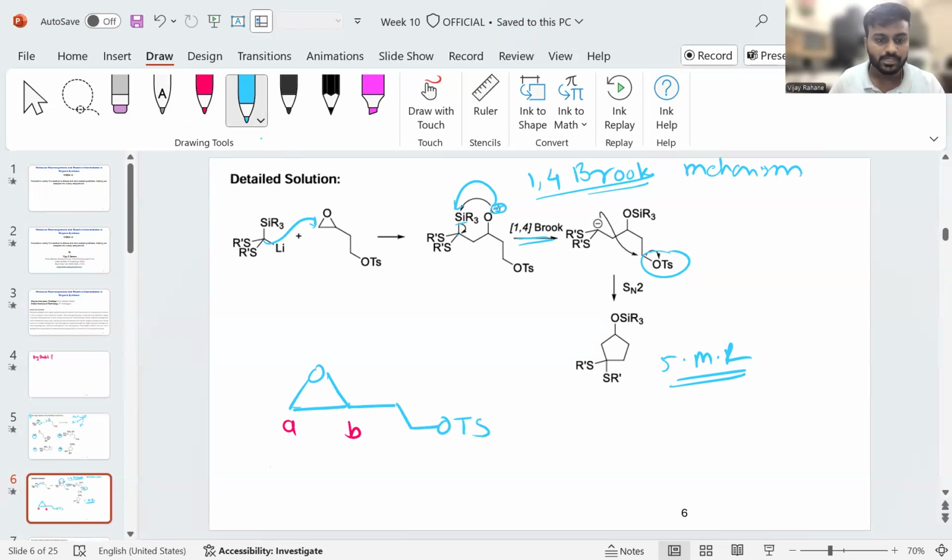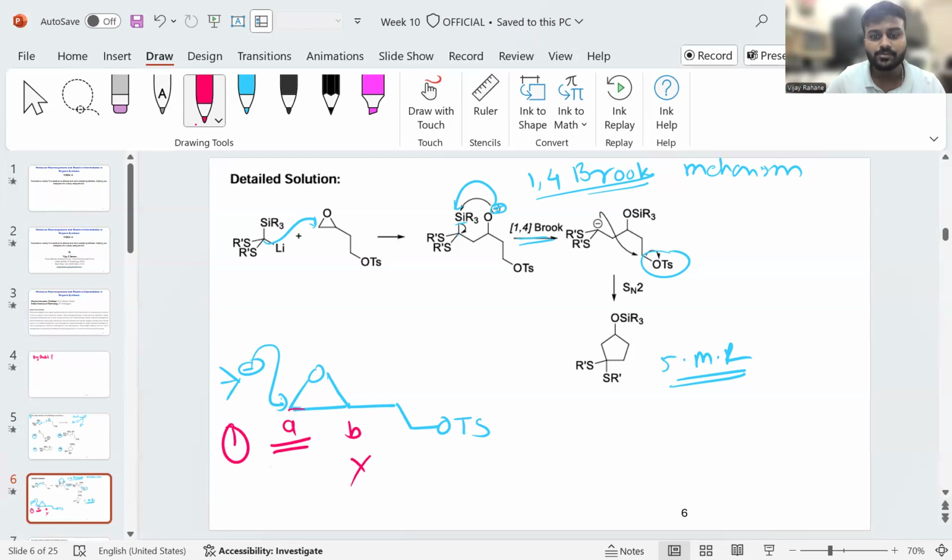This is because the attacking group is sterically bulky, so it will prefer to attack the less sterically crowded position, and therefore the attack takes place on the A position compared to the B position. And this was the first point.